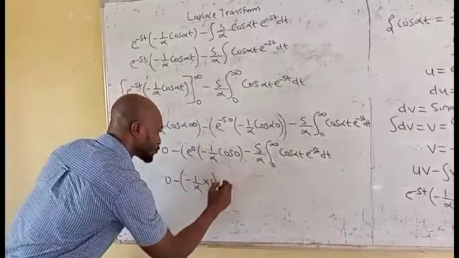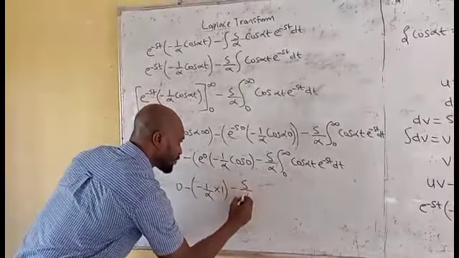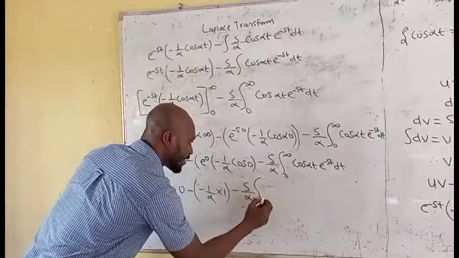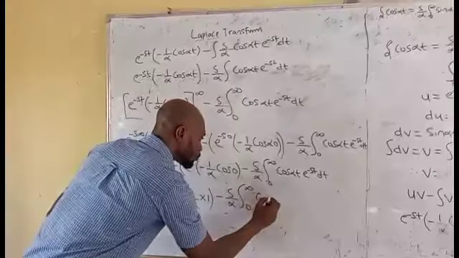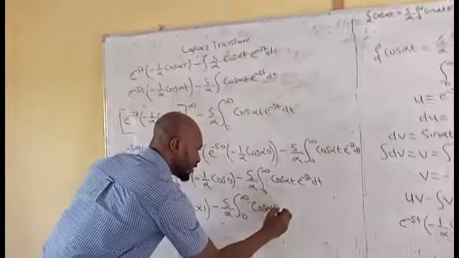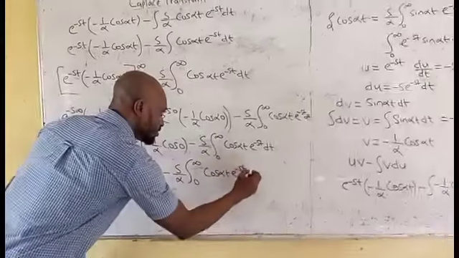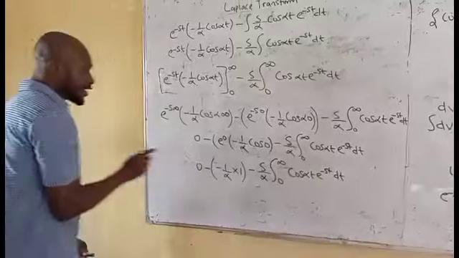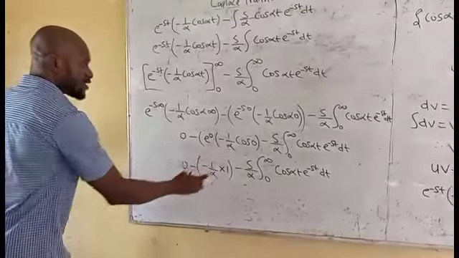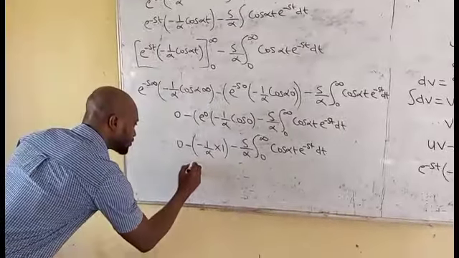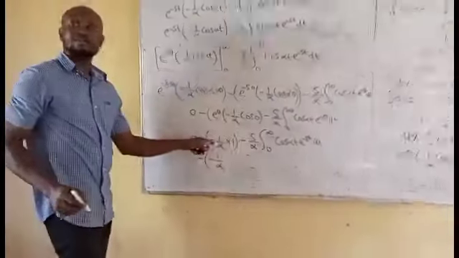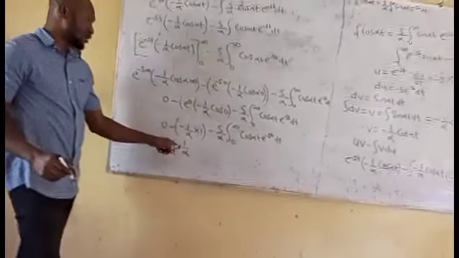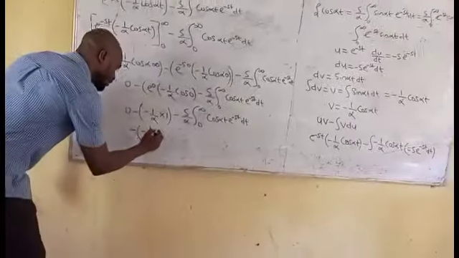Then minus x over alpha multiplied by the integral from 0 to infinity of cos alpha t exponential minus st dt. So finally, you're going to have this minus alpha times 1, which gives you minus into minus 1 over alpha, because minus 1 over alpha times 1 gives you minus 1 over alpha.